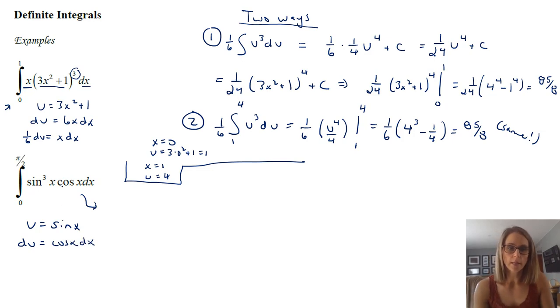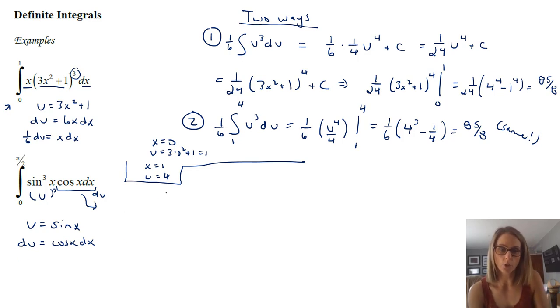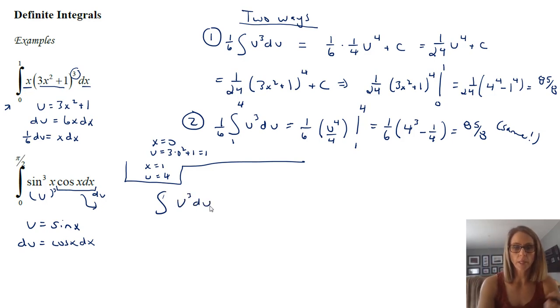So notice that allows us to change this whole piece here to du. And then we can take part of this, the sine x, and have it be u, and now just have u cubed. So I'll do the second method again to show you that we can change our limits of integration. So we have u cubed du, but I'm not going to go 0 to pi over 2, because those are not the limits for u, those are limits for x.